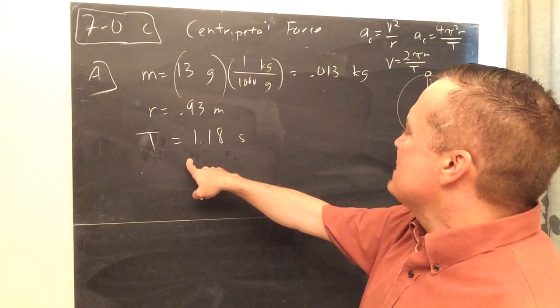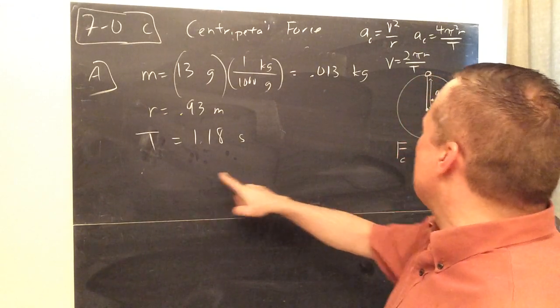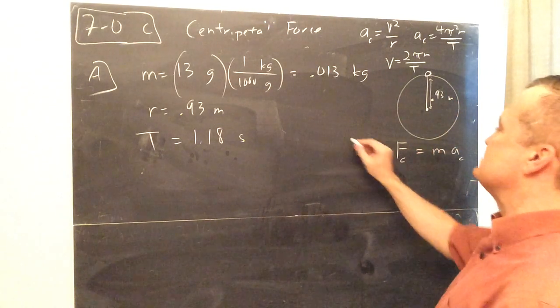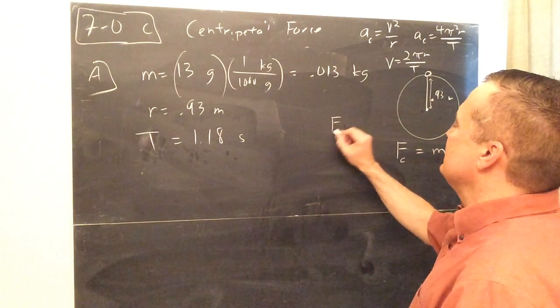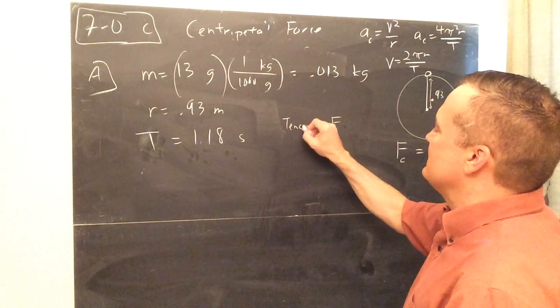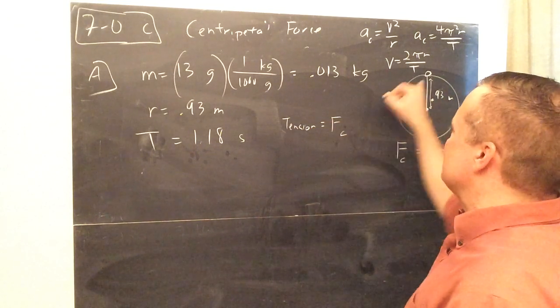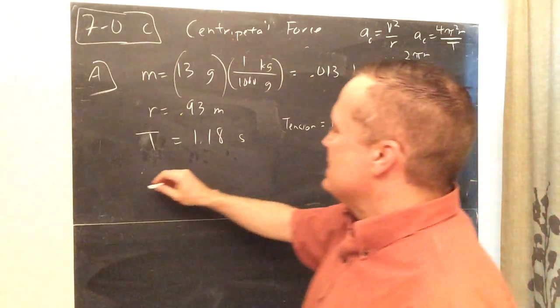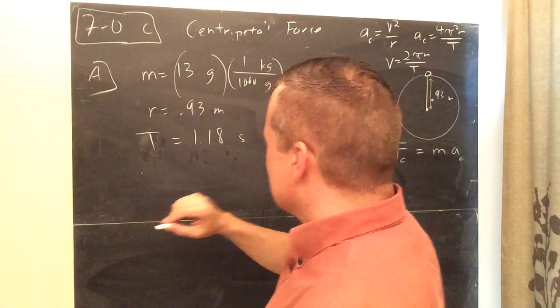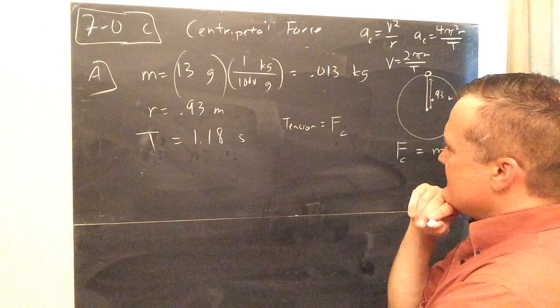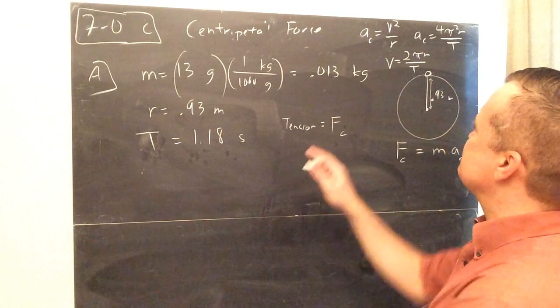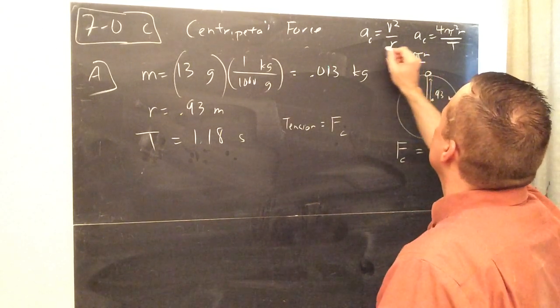Okay, here we go. First of all, we want to know, what is the force? The force is the tension. This is a centripetal force in the rope, just keeping it in place. So first, let's find the acceleration. It looks like we don't have the velocity, so we'll have to use this equation.